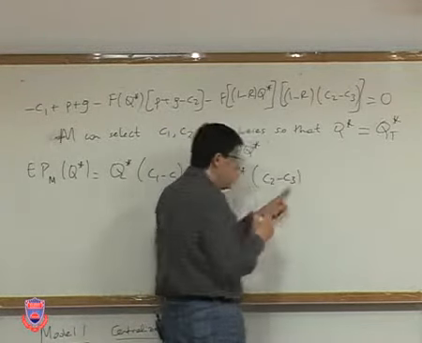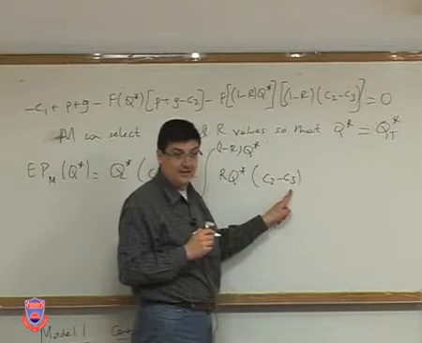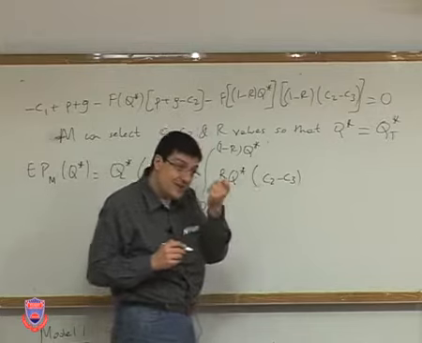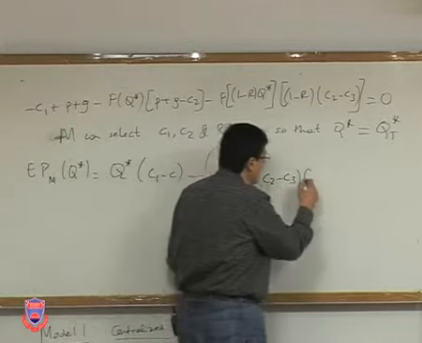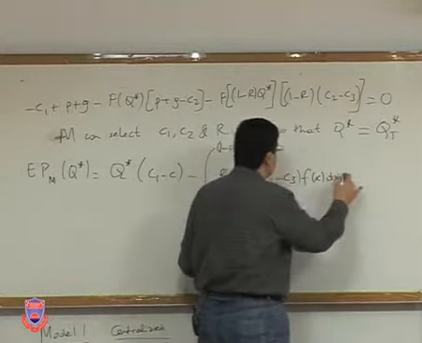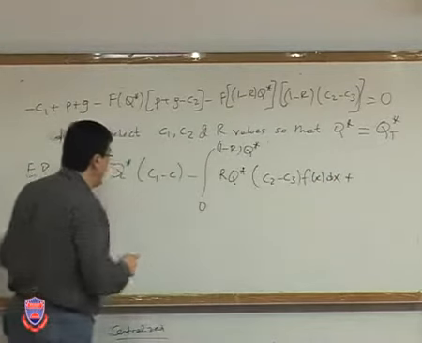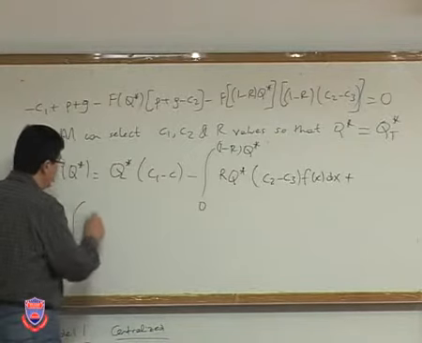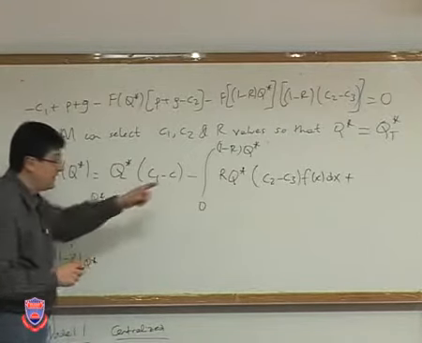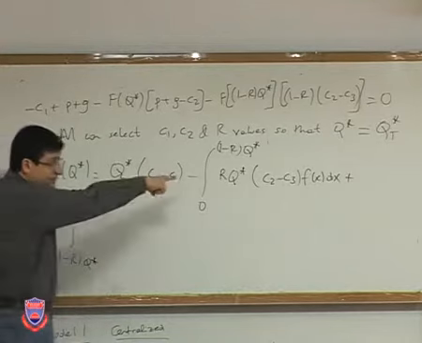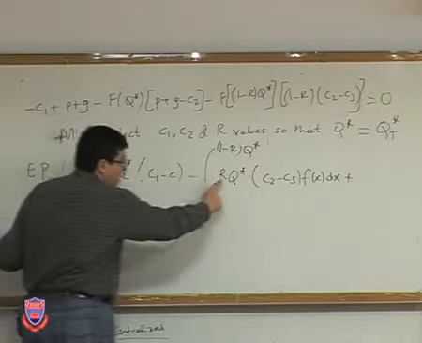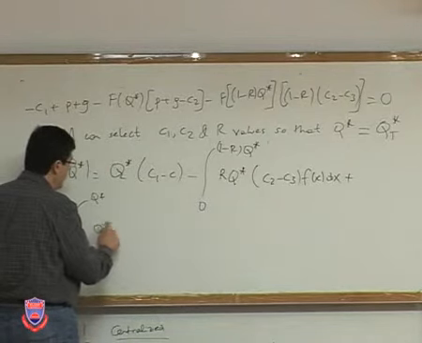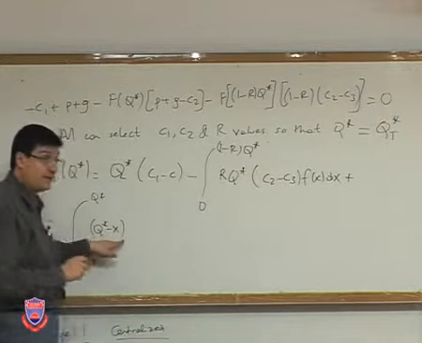However, a salvage is going to be collected. So only C2 minus C3 is the cost that incurs to the manufacturer. So you have f of x dx. Plus, if the demand is in between 1 minus R Q star and Q star, the remaining amount is going to have the same condition, but instead of now R Q star, we are going to have Q star minus X units left.